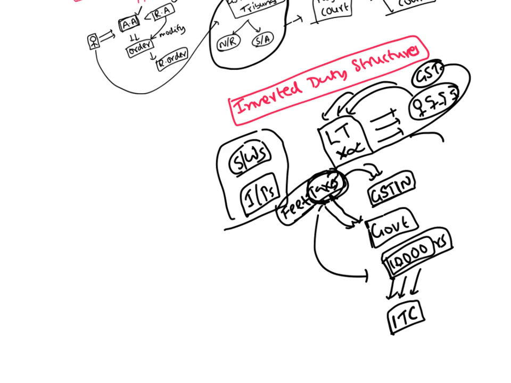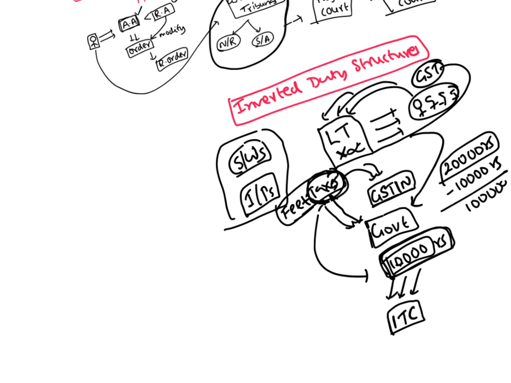Let's say in this manner, if we are supposed to pay around 20,000 rupees to government, now government says you already have 10,000 rupees with us as input tax credit, so let's deduct that. You need not pay that. It is already there, and you can only pay the remaining 10,000. You pay us just 10,000 rupees.